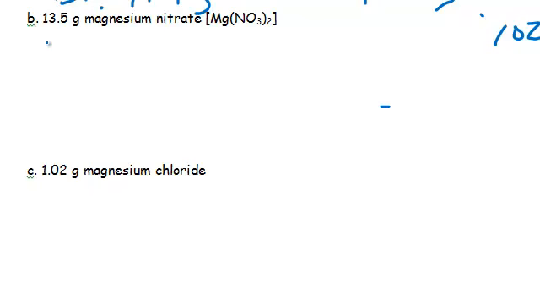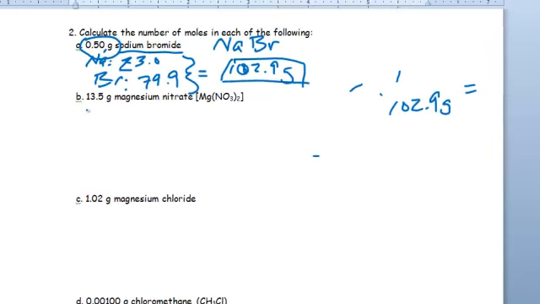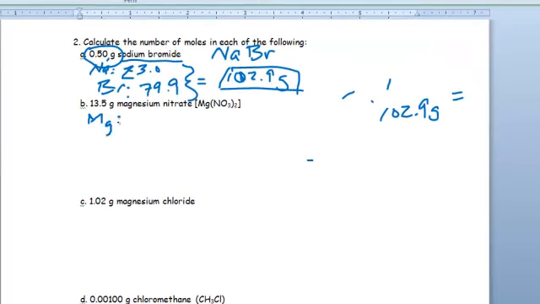Excuse me. Magnesium nitrate. All right, magnesium. What's magnesium? That is 24.3. And then we have 2 nitrates. Okay, so that's 2 nitrogens. So 2 times 14.0 equals 28.